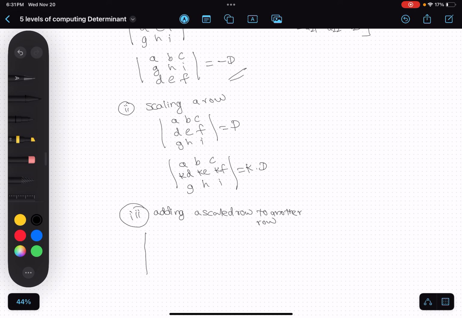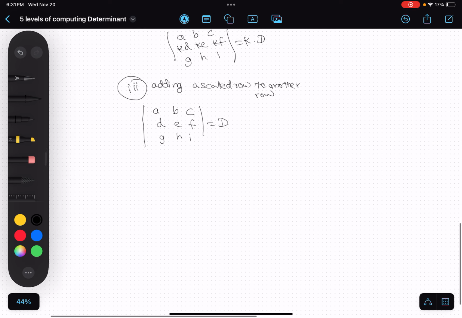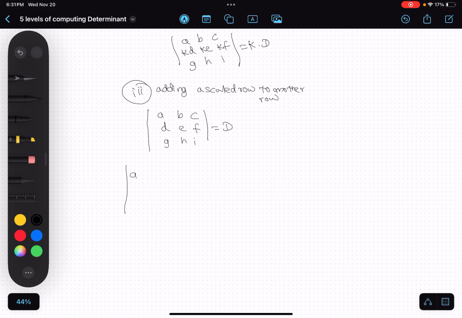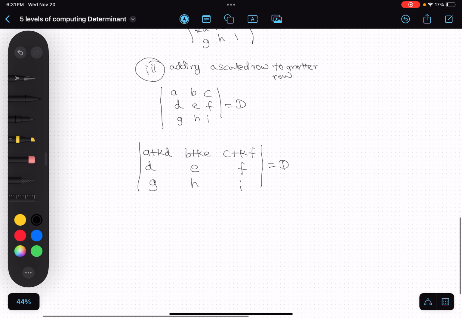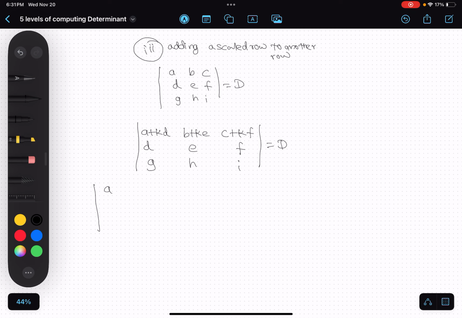Let's say I have A B C, D E F, G H I, whose determinant is D. Now if you scale the second row and add it to the first one, A plus KD, B plus KE, C plus KF, then D E F, G H I. Surprisingly its determinant will also be D, and you can verify this from the fact that you can divide this determinant as the sum of two determinants, the original and one with KD, KE, KF, DEF, GHI.